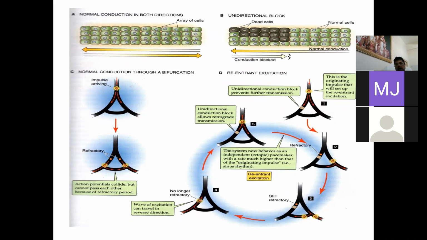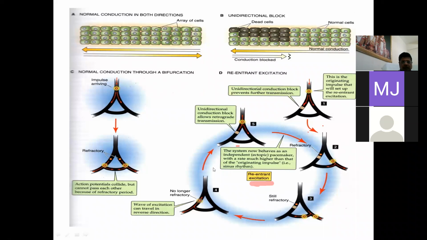Just look at it, you'll understand. So when the impulse has come, it has traveled in both the branches. It goes down one branch. It is not able to go down the other branch because there is a unidirectional block. Then the impulse will travel in the connection between the two branches, and it can travel back because the block is no longer there.